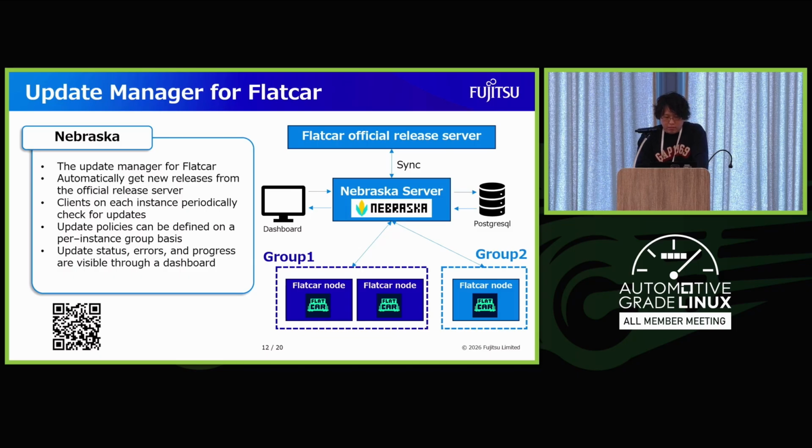Then it applies the update. Nebraska can also create instance groups, and we can define update policies for each group. And we can also check update status, errors, and progress from a dashboard.